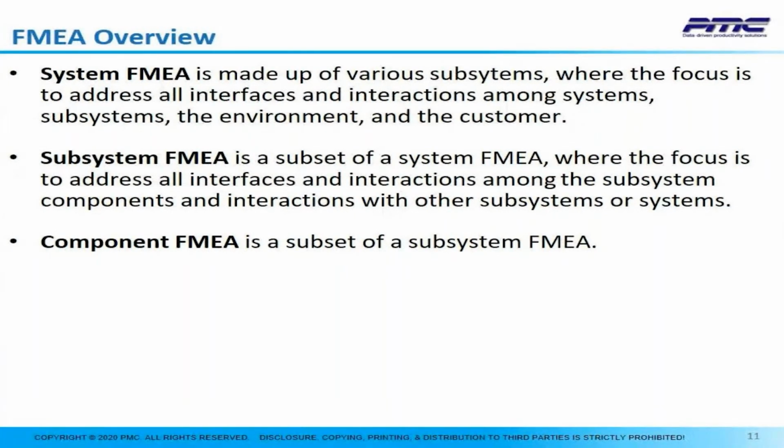The subsystem FMEA is a subset of a system FMEA, where the focus is to address all interfaces and the interactions among the subsystem components and interactions with other subsystems or systems. An example of a subsystem is the front suspension subsystem, which is a subset of the chassis system.